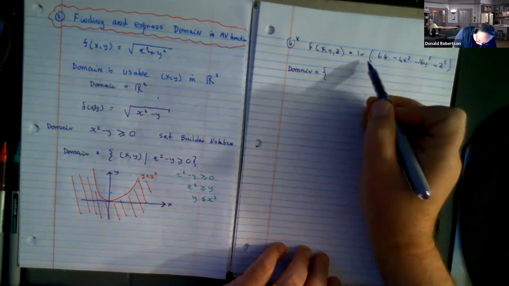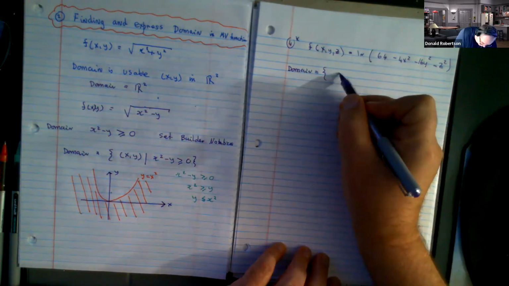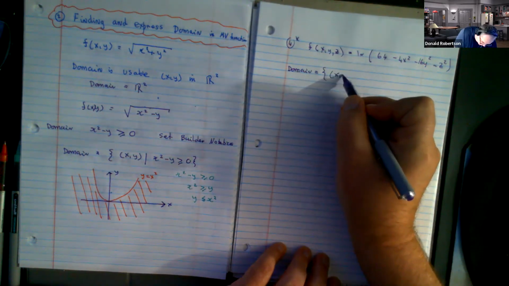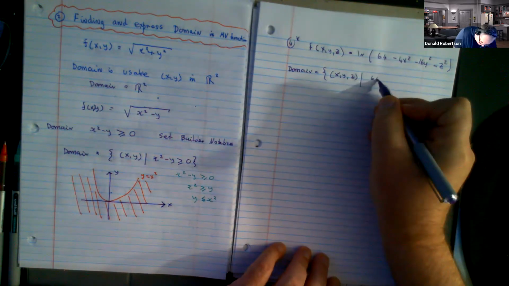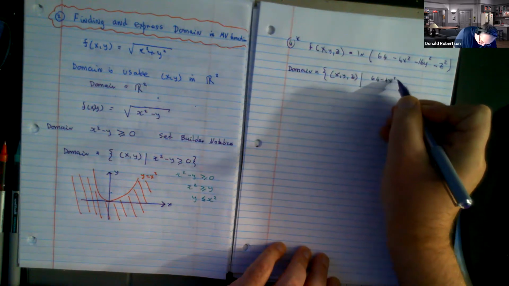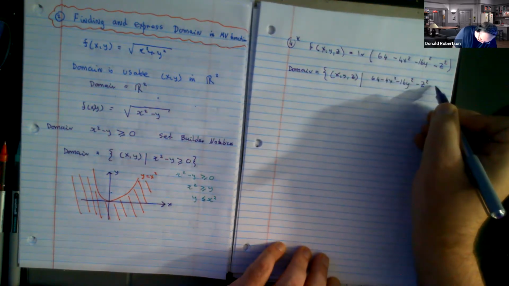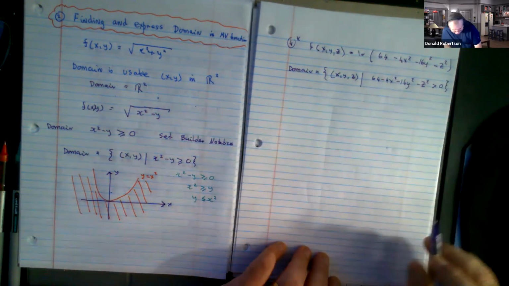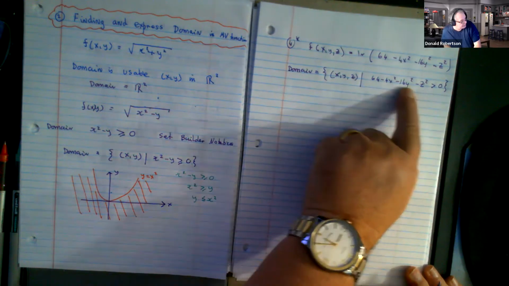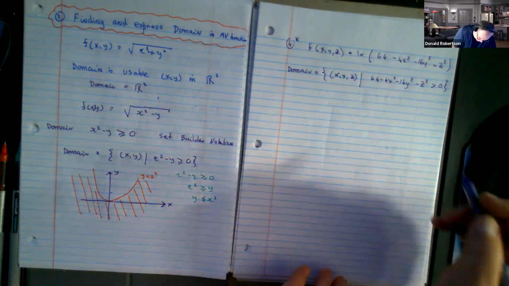Well, a log function argument must be positive. It's not allowed to be 0. So you're talking about all the points x, y, z such that this expression is positive.